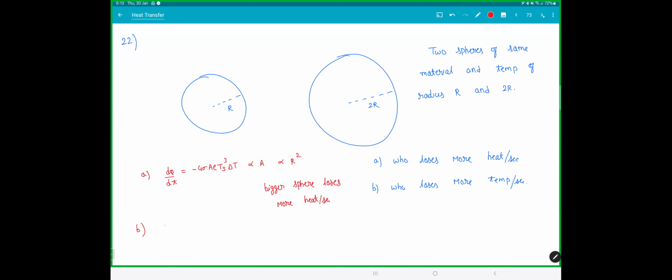If you look at the second one, dT by dt is minus 4 sigma A E T_S cube delta T by m s, proportional to A by mass, proportional to r square by r cube, proportional to 1 by r. So the smaller the body, the faster it will lose temperature. So the smaller sphere cools down faster, or loses more temperature per second.